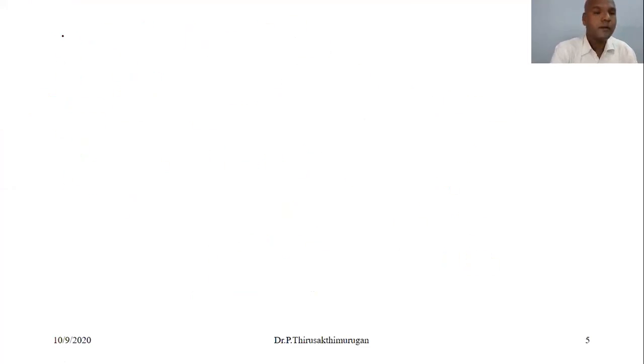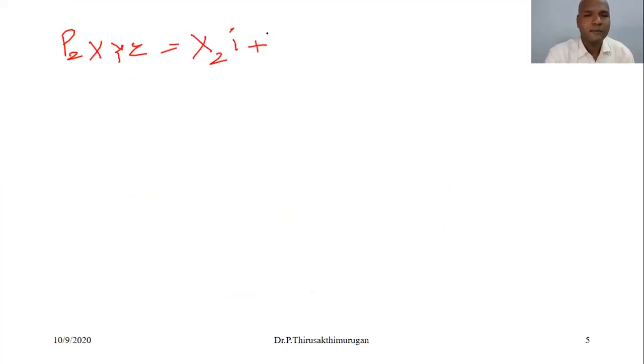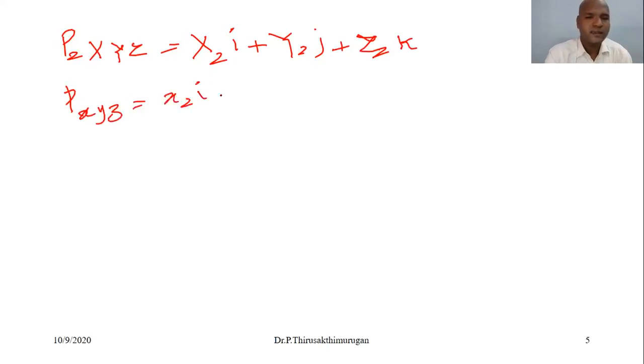Now P2 of X, Y, Z equals the same representation: capital X2 I plus capital Y2 J plus capital Z2 K. Similarly, P of small x, small y, small z equals small x2 i plus small y2 j plus small z2 k. So this is the new vector.